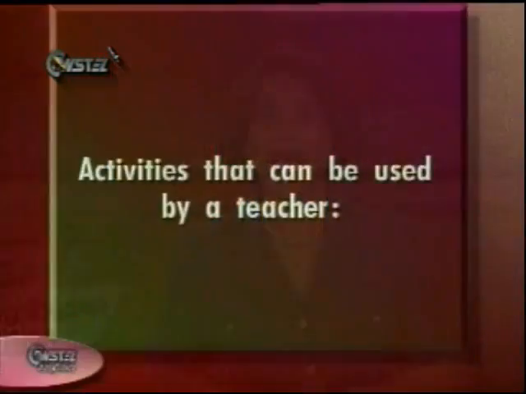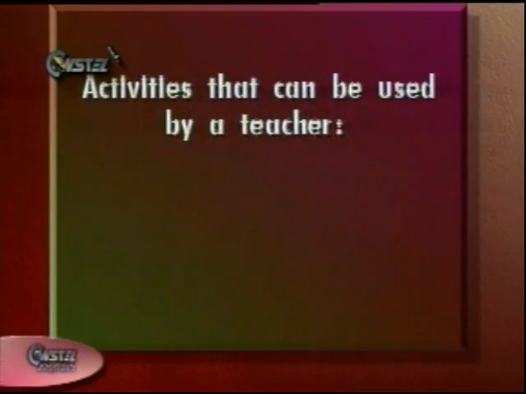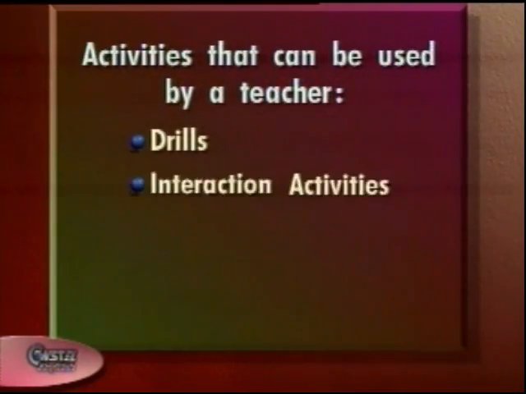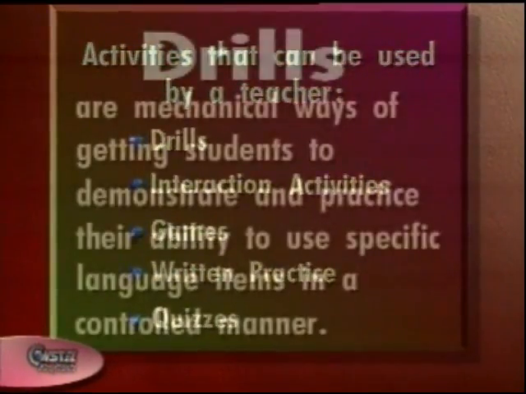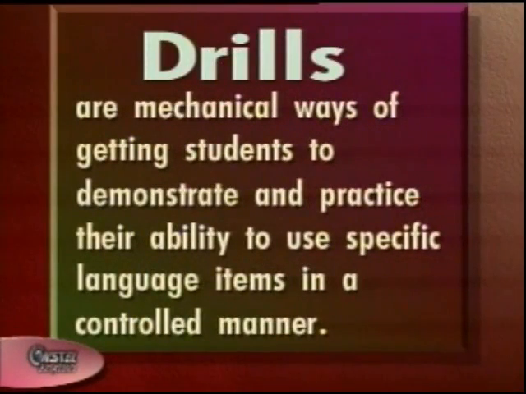In the controlled practice stage, the teacher can use various activities so that the students can practice the language items learned. Activities that can be used by the teacher are drills, interaction activities, games, written practice, and quizzes. Drills are mechanical ways of getting students to demonstrate and practice their ability to use specific language items in a controlled manner.